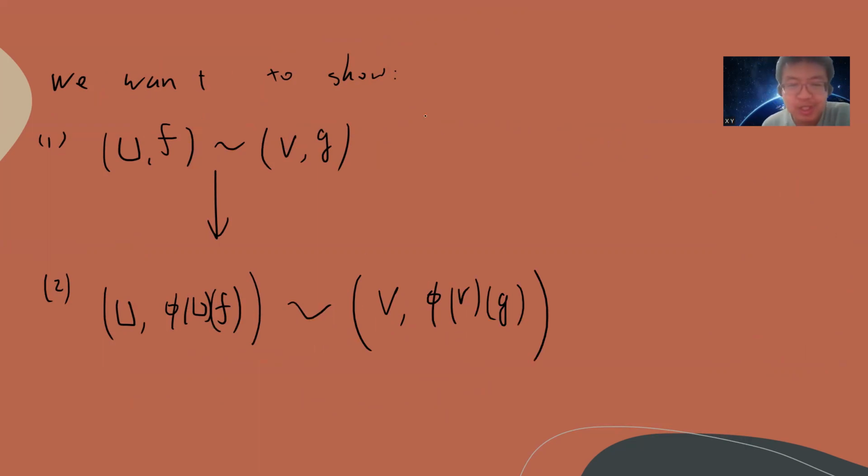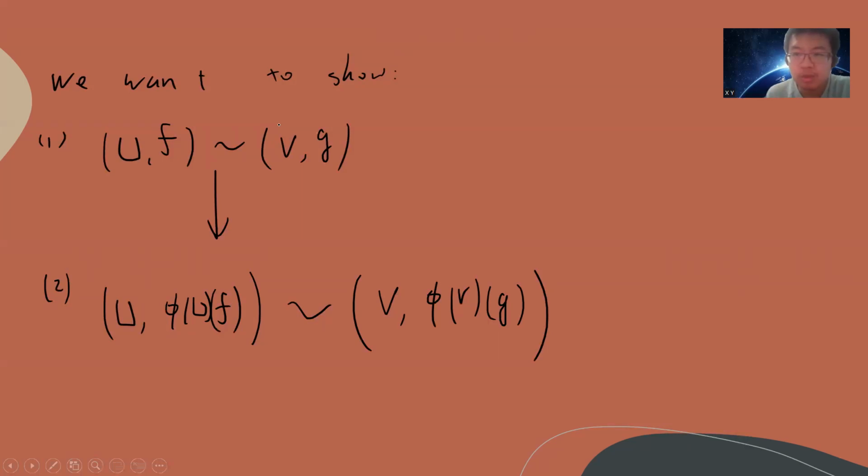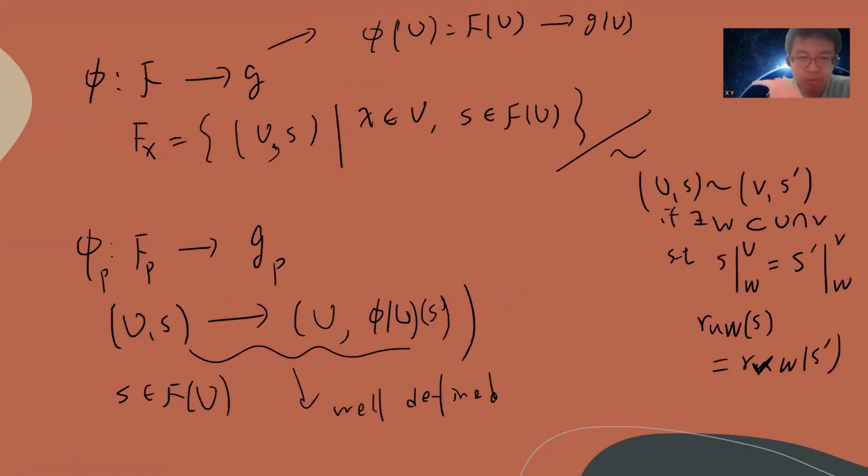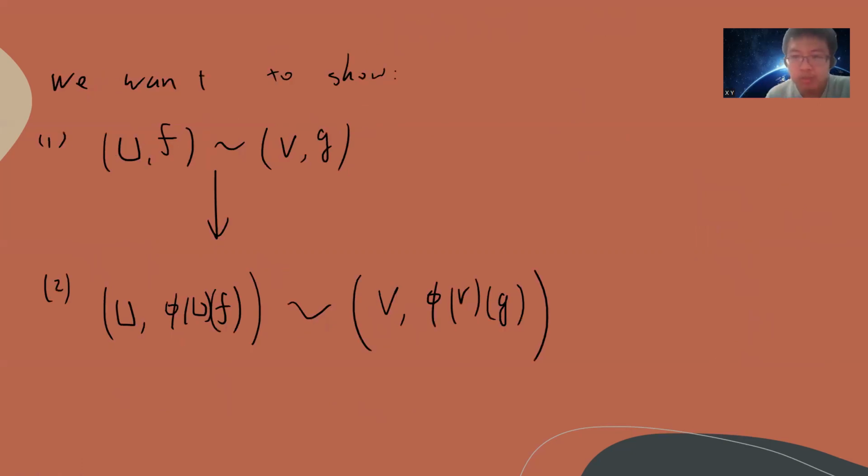How do we prove this? This is why, when you do this exercise, you will learn the details of why you need a commutative diagram from the definition of sheaf. Let me provide the picture here.